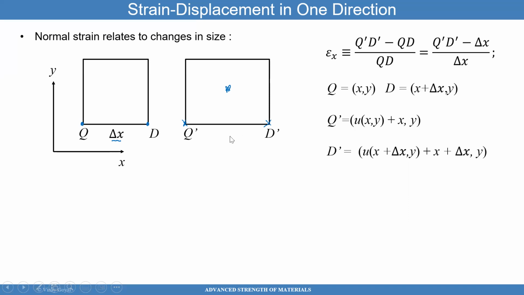So X plus delta X, because if this is X from here to here, then D, the location D has to be X plus delta X. There's no choice, right? The height in the Y direction did not change. So D is in the same height as Q. So since the height for Q is Y, then the height at D is also Y. Okay, excellent. We're getting there, right? We're getting there.